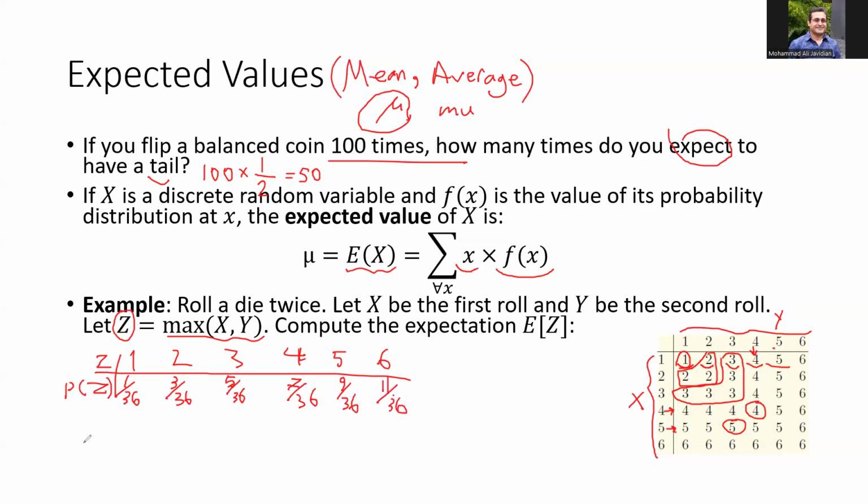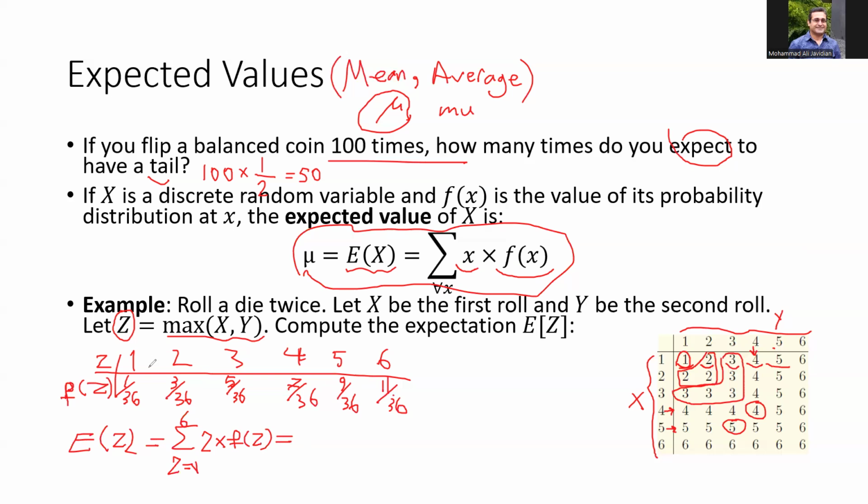So in this case, based on the formula that you see here, you can compute the expected value of z, which is the summation of z times p of z, or let's call this f of z, z times f of z, z from 1 to 6.